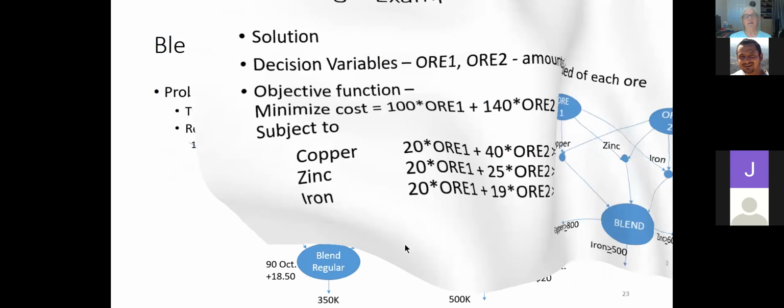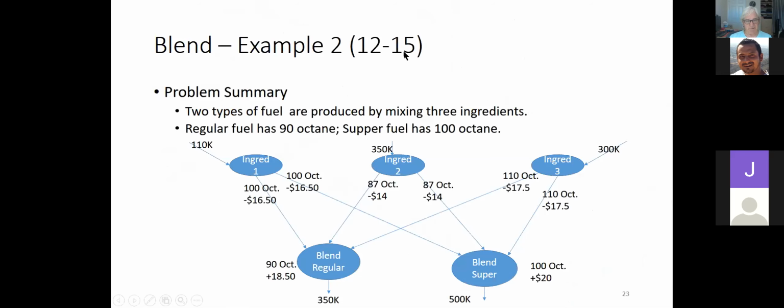Now here is another problem. It's number 15 in your book. So it's a blending problem. The differences are, first of all, we have here 3 ingredients. In this particular problem, probably we are talking crude oil. There are different ingredients because they come, say, from different wells, different locations.